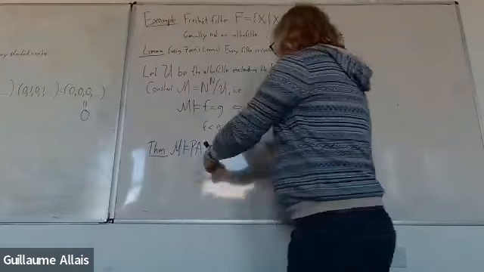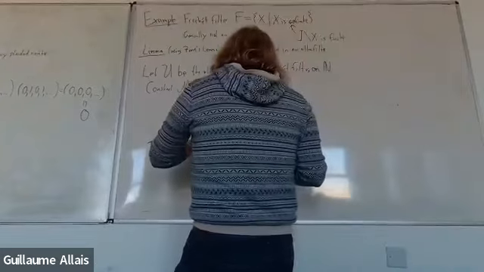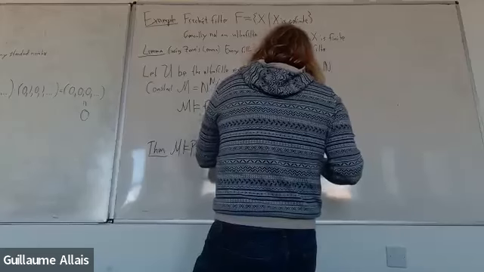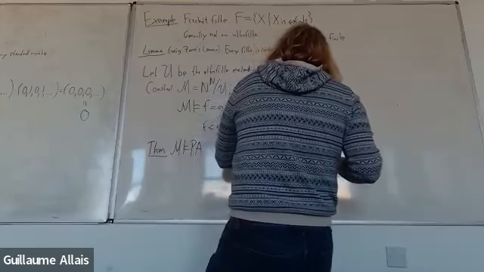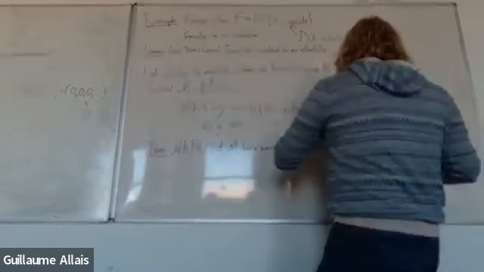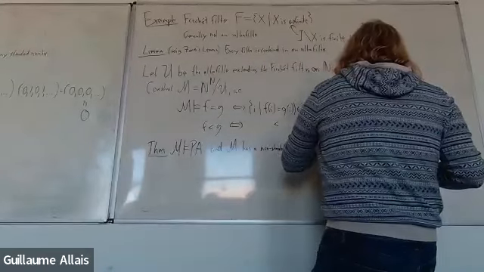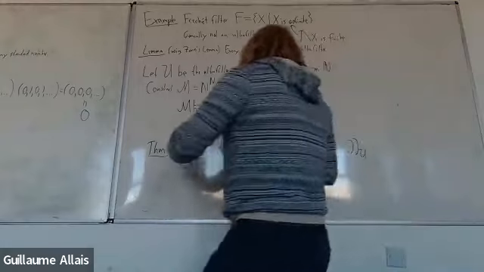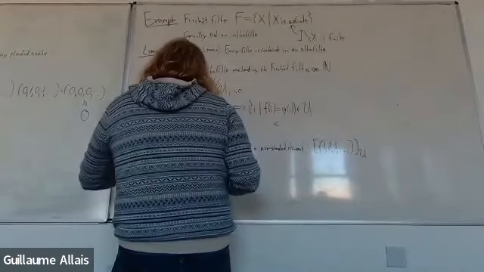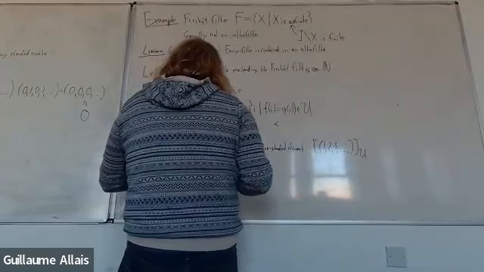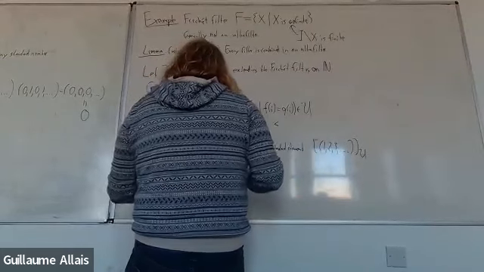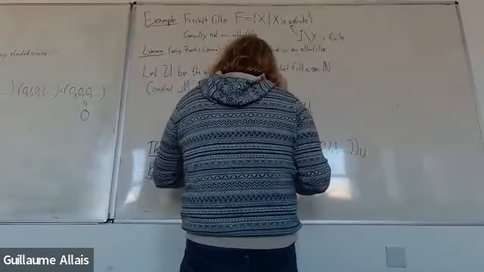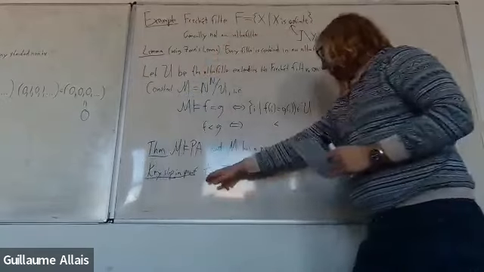This model validates all of Peano arithmetic and has non-standard elements. It's exactly this quotient of N^N. And the key step in the proof is called Łoś's theorem.